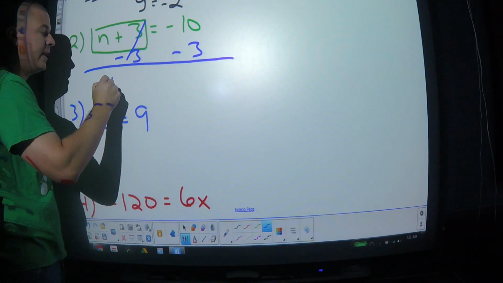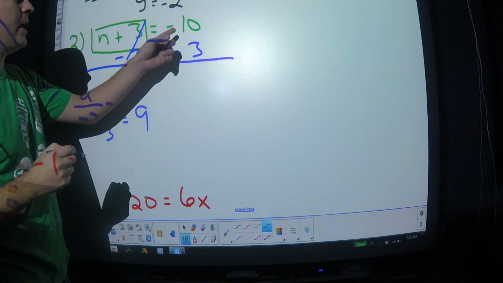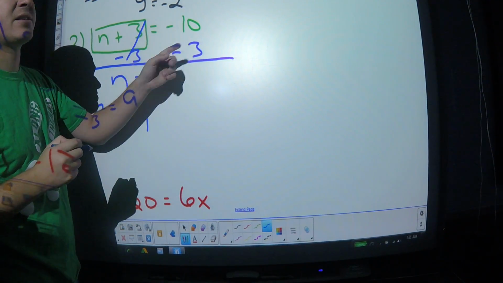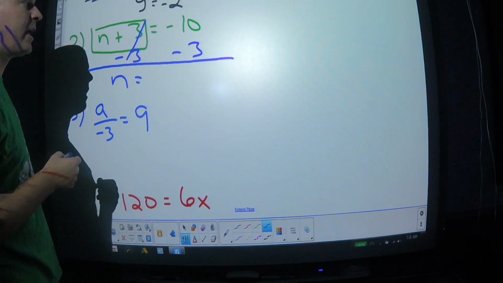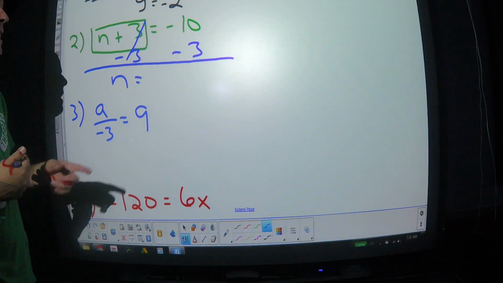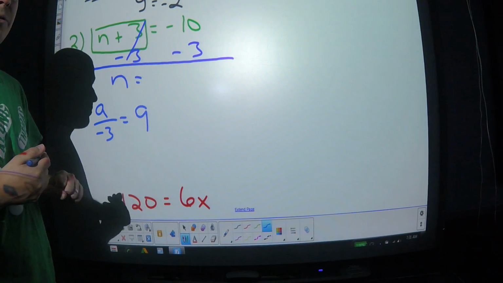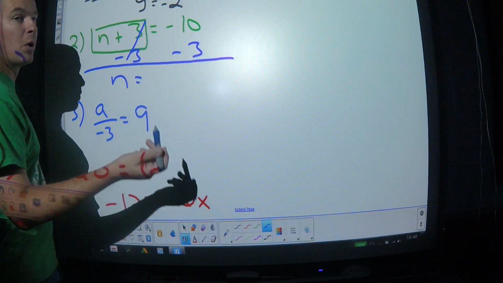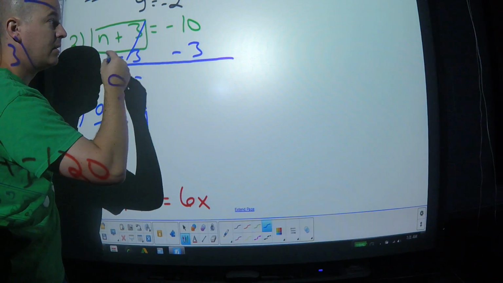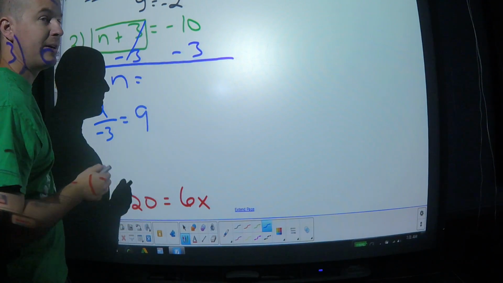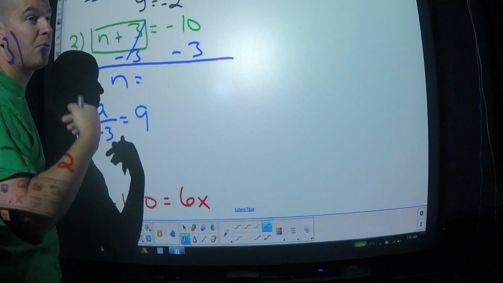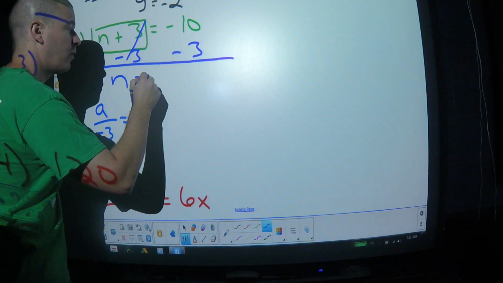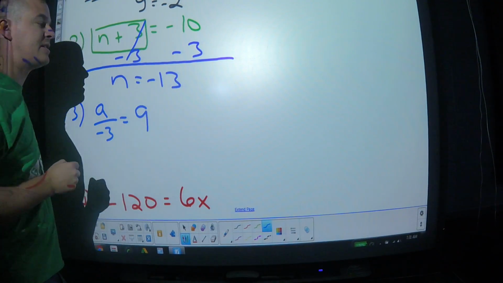You're left with n equal to negative 10 minus 3. All right? Remember that anytime you're subtracting a positive number, 3 is what you're subtracting, you go to the left on the number line. So negative 10 minus 3 is the same as negative 10 plus negative 3, so therefore it's negative 13.